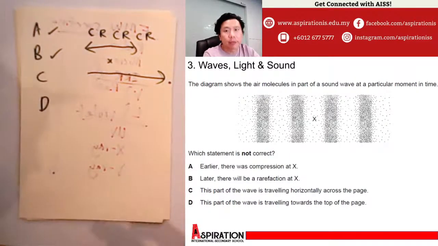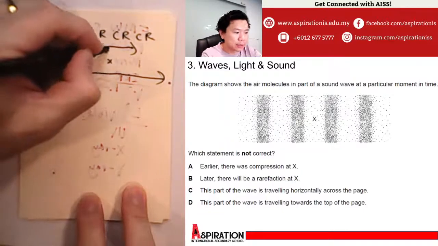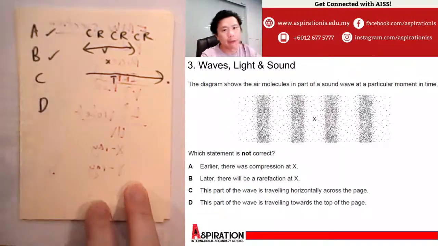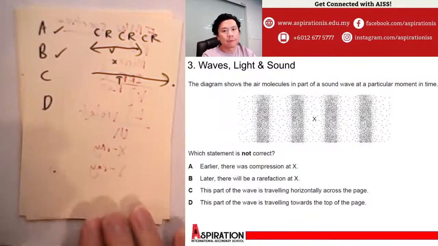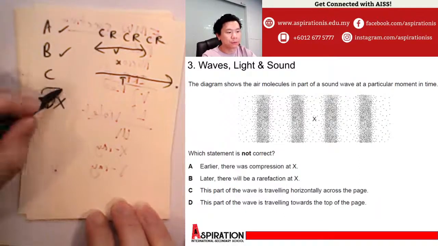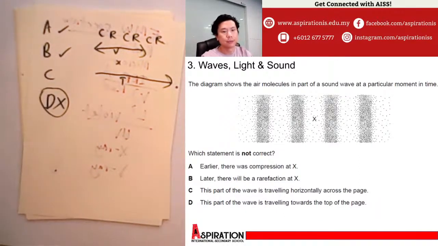So this is the vibration and this is the travel. Therefore D is wrong, so D is the answer. All right, that's how you find out the direction of the wave travel. Okay, all right. Moving on.